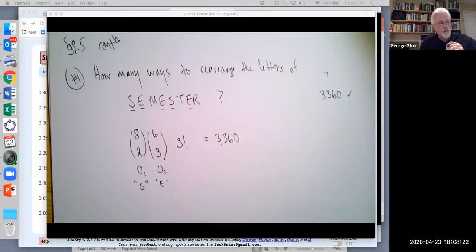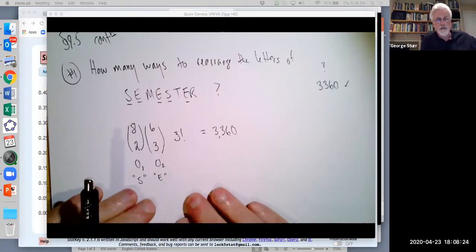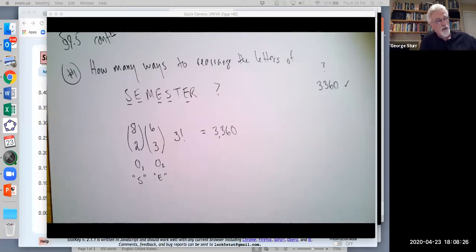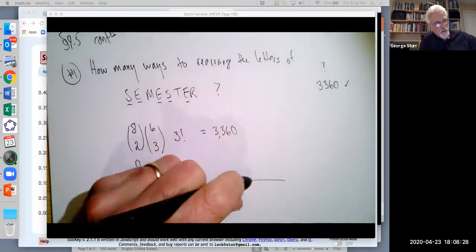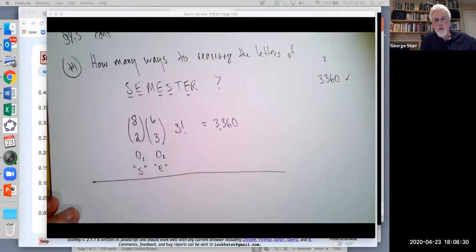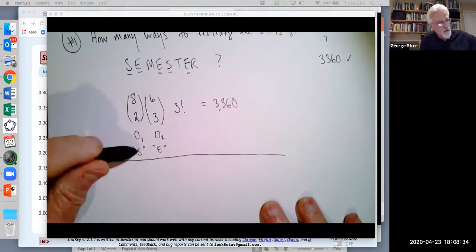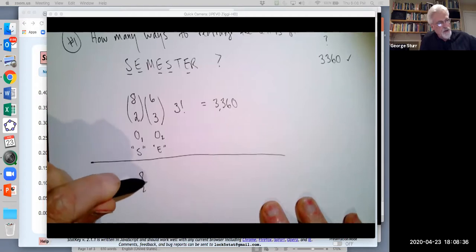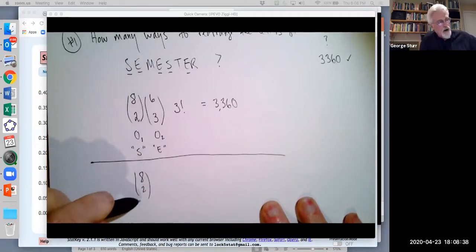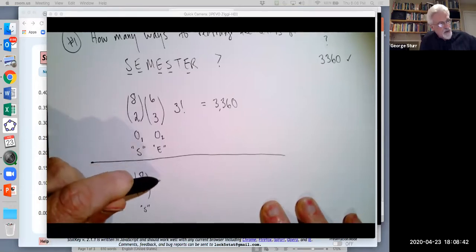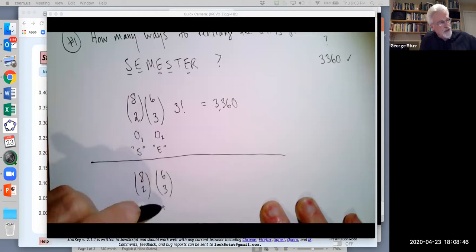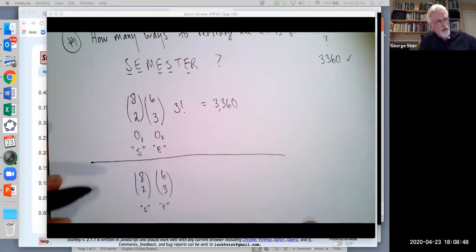So if I may, I'm going to do this slightly differently, okay? At first I'm going to do it a longer way, then you're going to see what I mean by the shortcut. So I'll repeat what you have here. You got 8 and 2, 8 choose 2, operation number 1, that's for going for the S. Then there was the 6, 3, and that was going for the E. So those are the repeated ones.